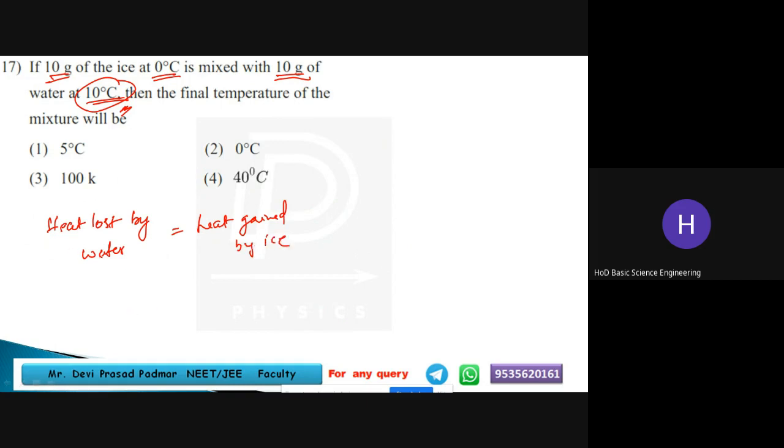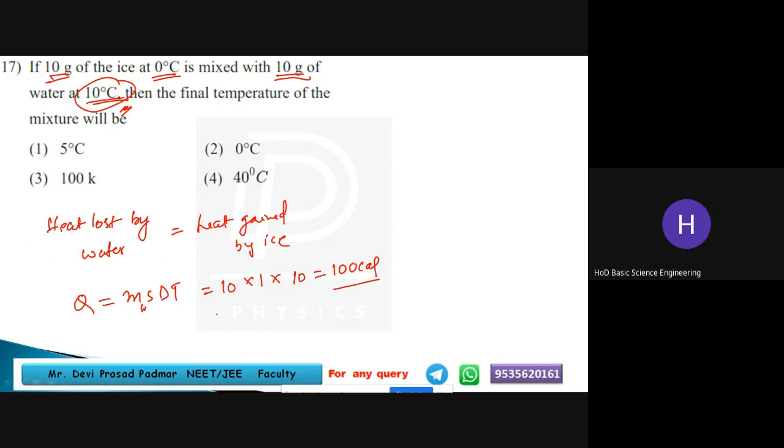Just calculate the heat lost by that water. How? m s delta t. Mass of water is 10. Specific heat is 1. Temperature 10. So what do you get? 100 calorie. That is the heat given by that water.